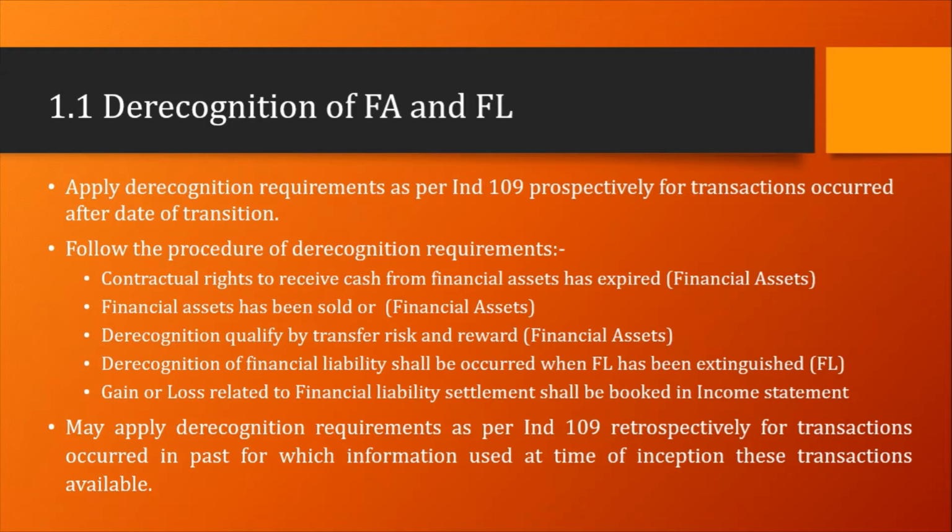It is settled when we pay the liability or transfer it to some other third party, and any gain or loss related to such financial liability is booked in the income statement.